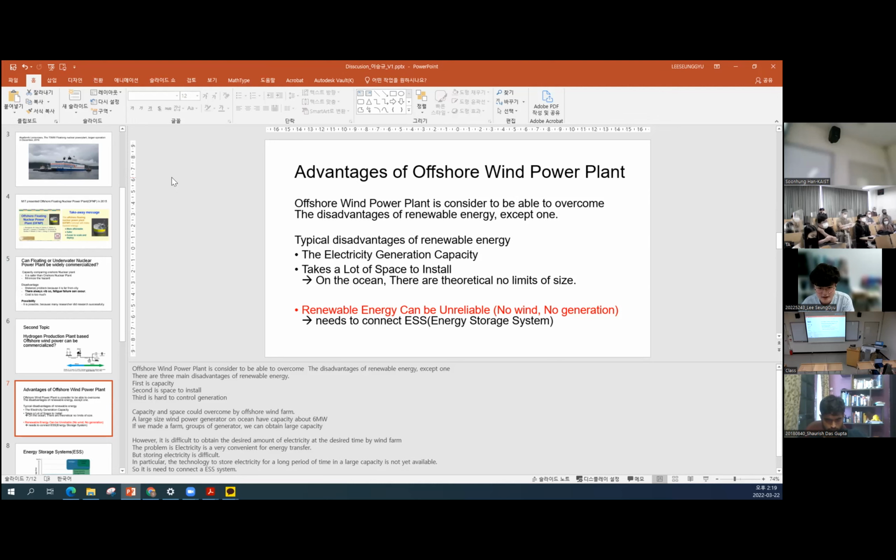Storing electricity is very difficult. In particular, the technology to store electricity for a long period of time and in a large capacity is not yet available. So it is needed to connect an ESS, an energy storage system.